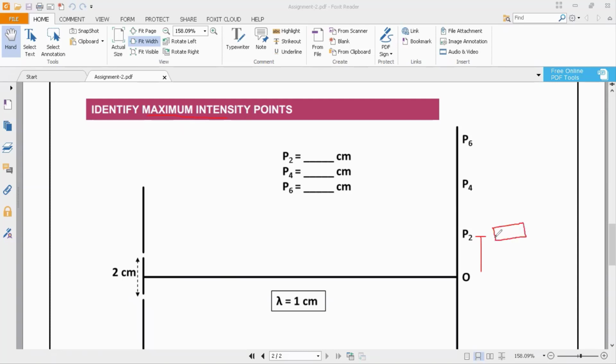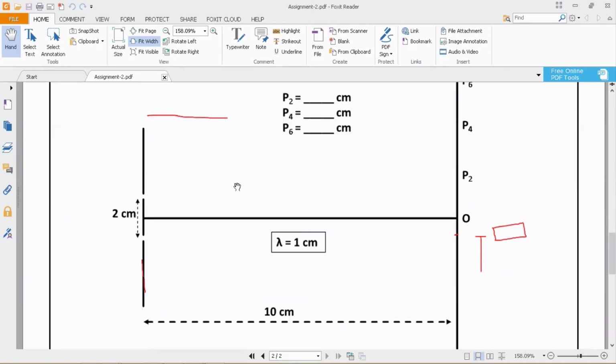At what height does it form? You want to measure this height. For that, take an A4 sheet and draw a line like this, 2 centimeter width, so 1 and 1 centimeter. Then at 10 centimeter distance, take another line as the screen.